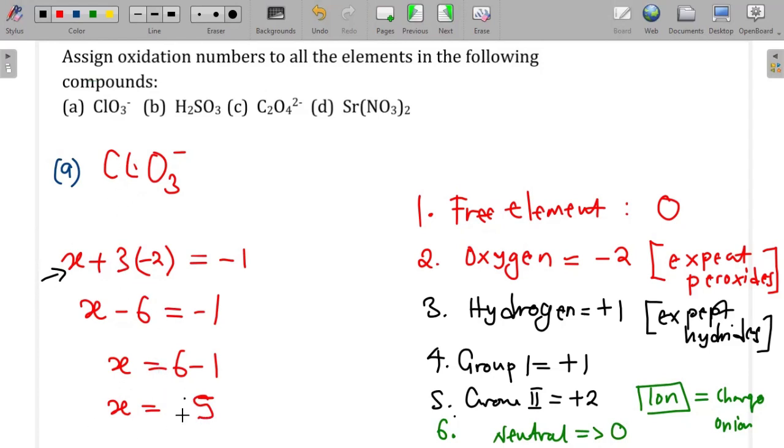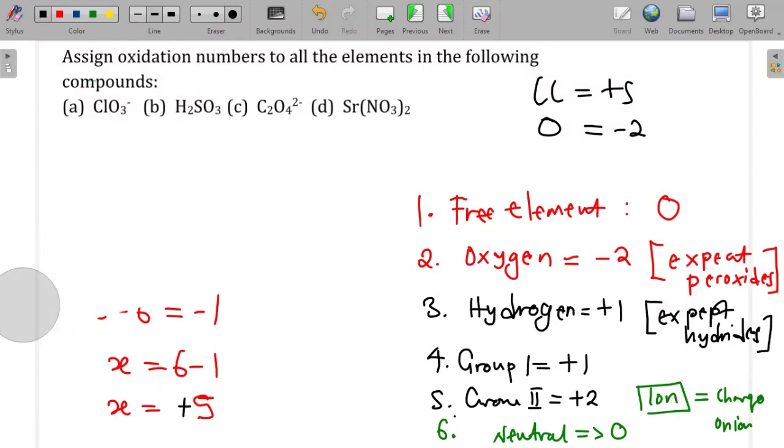No, write a positive 5 in front like that. So the oxidation number for the chlorine, the Cl, is simply going to be +5. Then the oxidation number for the oxygen, we already know it from the general rules. It's just what? -2. So for the chlorine, my oxidation number is +5. For the oxygen, my oxidation number is what? -2. Then we are done with part A.